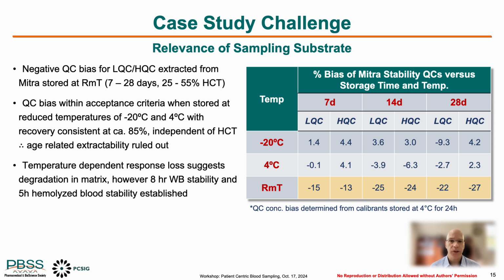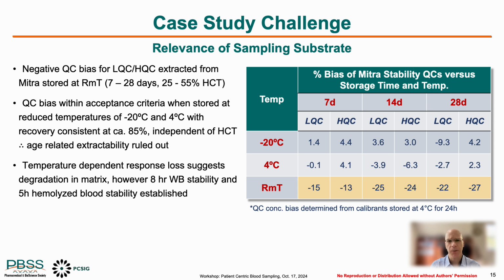Now note that freshly prepared Mitra calibrants used to determine stability QC biases were stored at 4 degrees C for 24 hours, and recoveries were approximately 85%, again independent of hematocrit. So the totality of this data suggests a kinetically driven process for degradation given the temperature-dependent response loss.